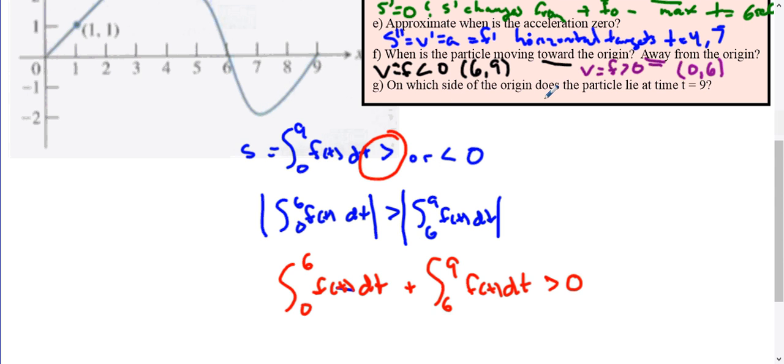And on which side does that lie then? Because this is greater than 0, it's going to lie on the right side of the origin.